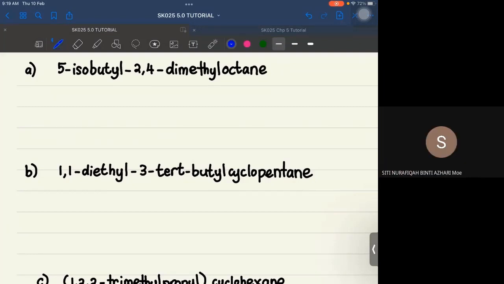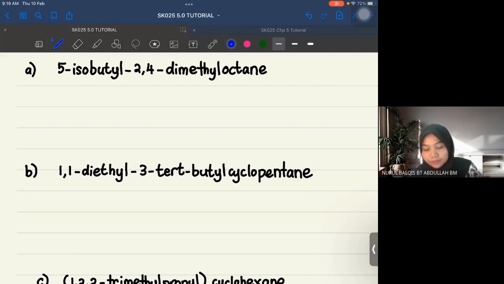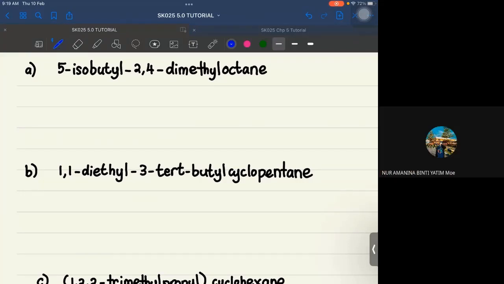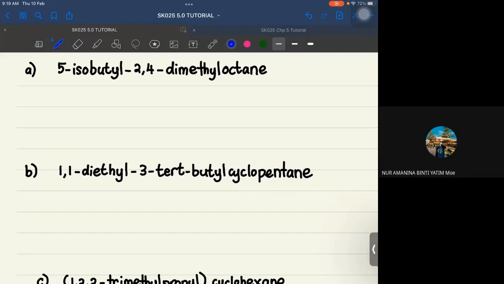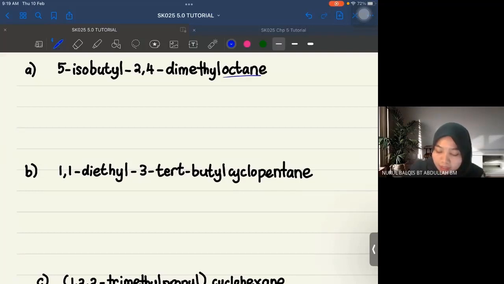Okay, now let's start. How are you going to start drawing the structure? Cari longest carbon. Okay, the longest carbon chain is going to be octane, with how many carbons? 8 carbons.